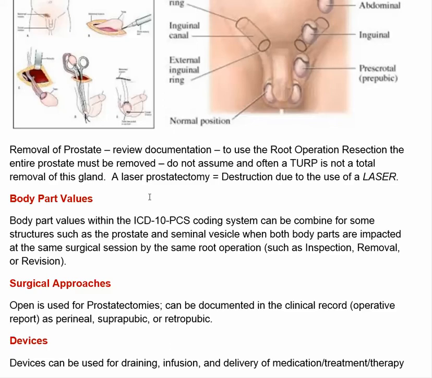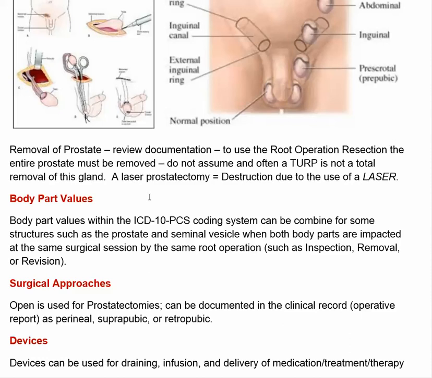Body part values, there's a notation about there are some combination of structures. So sometimes if a patient is having the same root operation done on more than one structure, there may be a combination body part value. For example, you have the M body part value is the epididymis and the spermatic cord.